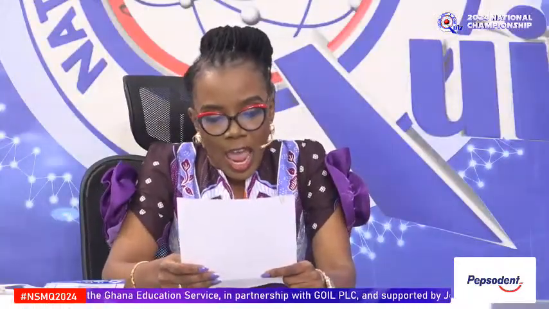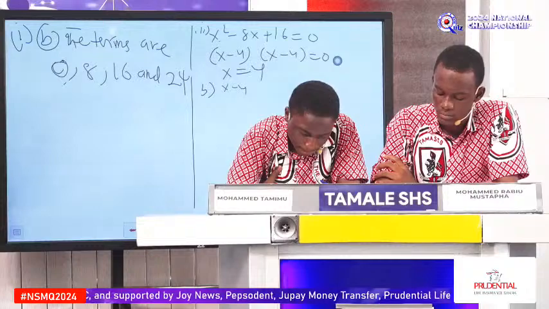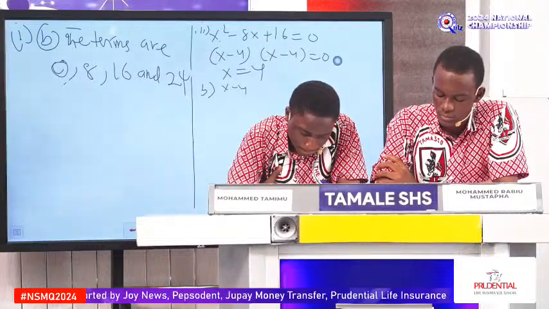So you use that, you will find that x is equal to 8 plus or minus square root of 128 all over 2. And this is 4 plus or minus 4 root 2. If you get this far, you will have 2 marks.